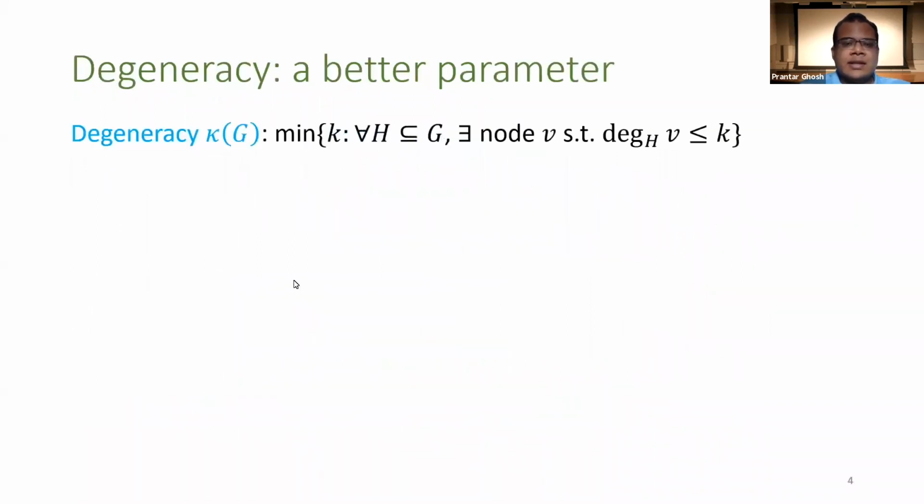In this work, we study a different parameter called the degeneracy of a graph, denoted by kappa of G. Degeneracy is the minimum k such that every subgraph of a graph has a vertex of degree at most k. So this parameter degeneracy is actually a good measure of the sparsity of a graph.